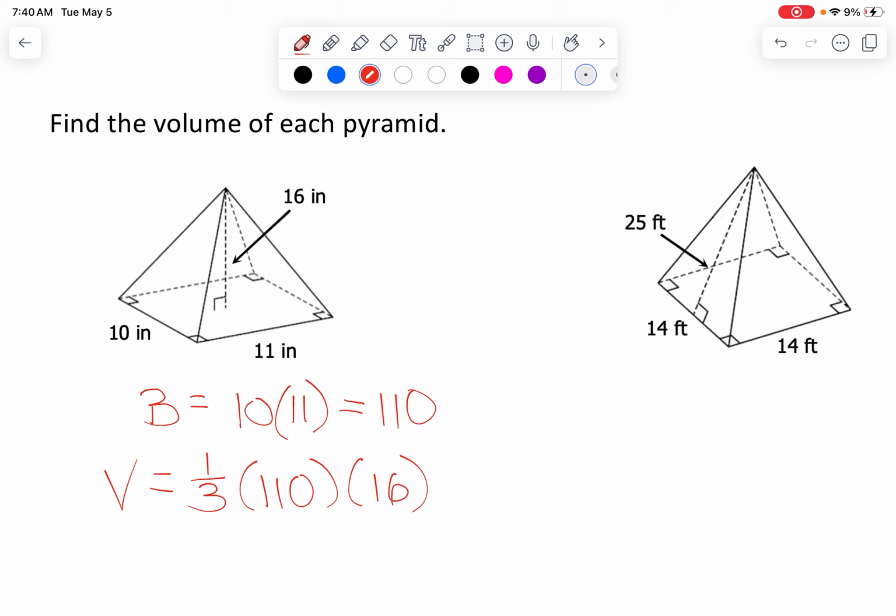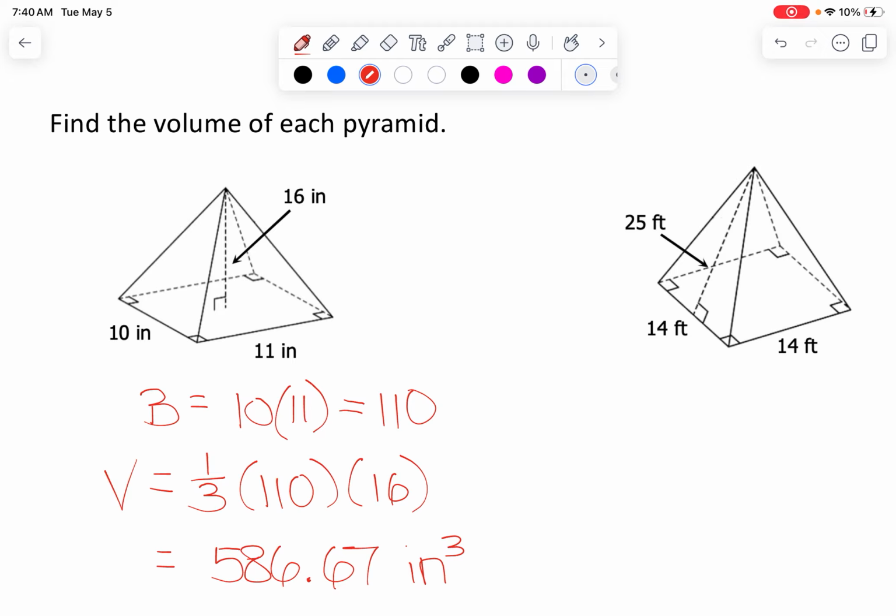Then you're just going to use your calculator to do that. With these, you'll probably get some decimals just because you're multiplying by 1/3 pretty frequently. If you do that, you get 586.67 cubic inches.